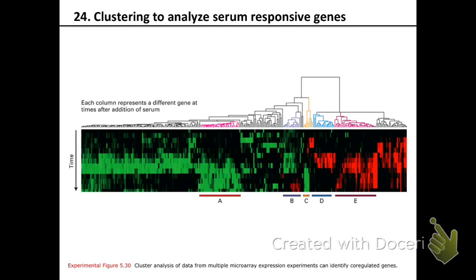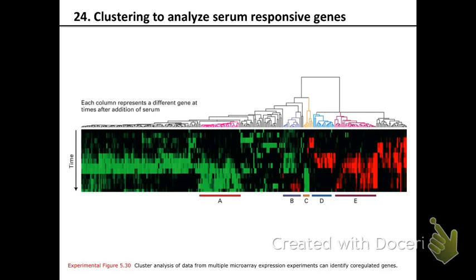So you have your treated cells, you have your non-treated cells, okay? You add serum, and then 10 minutes later, you collect some cells, so that will be your 10-minute sample. 20 minutes later, you collect some cells, etc., etc., etc.